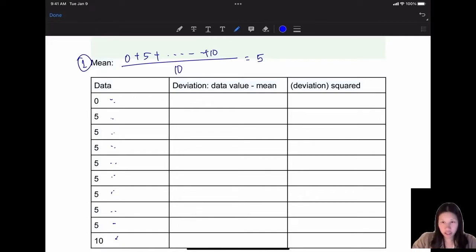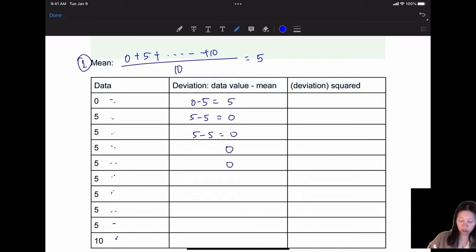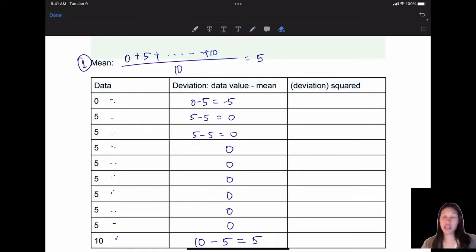So the deviation is each data value subtracted by the mean. I have a 0 subtracted by the mean, which is 5. Sorry, that's negative 5. 5 minus 5, 0. 5 minus 5, 0. Since these are all 5, the deviation would be all 0. And then the last one is you use the data value, subtract the mean, which also equals 5. Remember, this is called deviation.